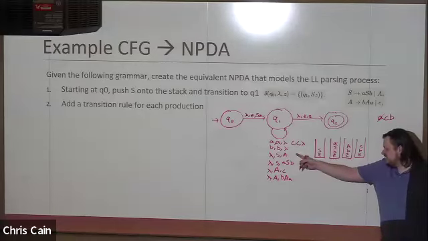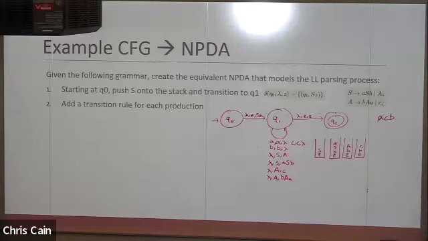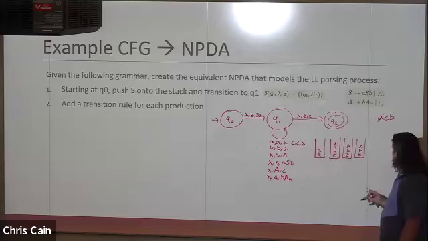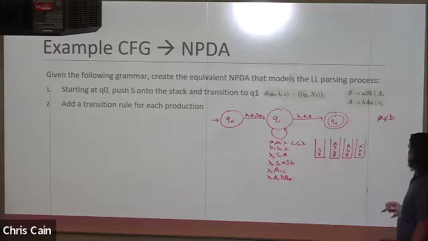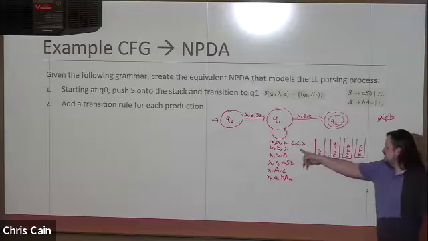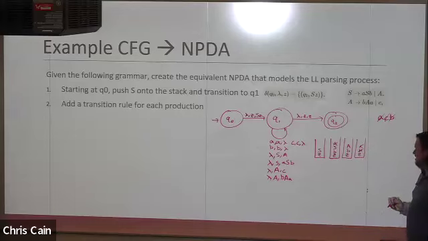So this is the S to A transition and the A to C transition. As you do that, your C is the top of stack character. So we can now do this transition that pops the C, moves past the C in the string, and then uses the B. We can use that transition, pop the B, move past the B in the input.